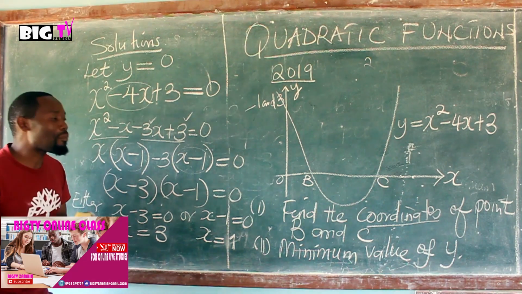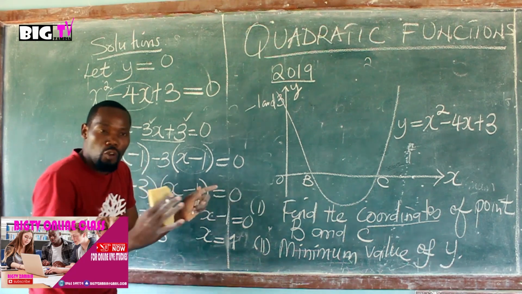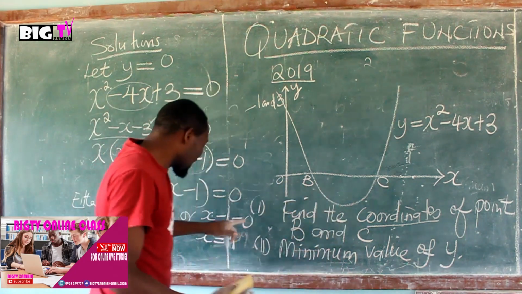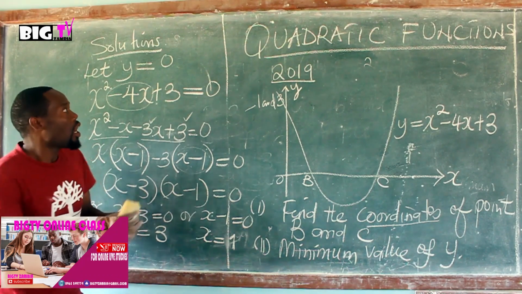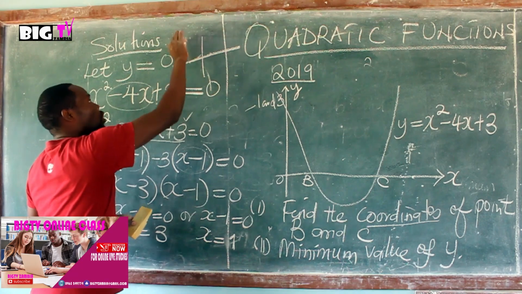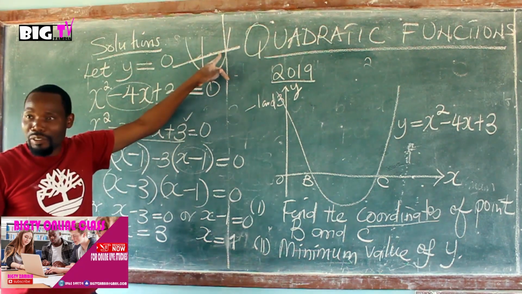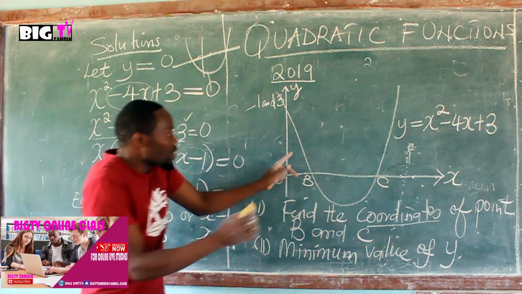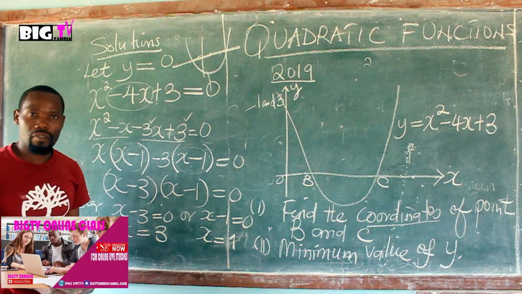Both solutions are positive. Why? Look at this. The graph is on the positive side. None of these is going to be negative, unless the graph was like that, then you would have 1 negative, 1 positive. Now, this one is on the side of the positive. No wonder we have 2 positives.